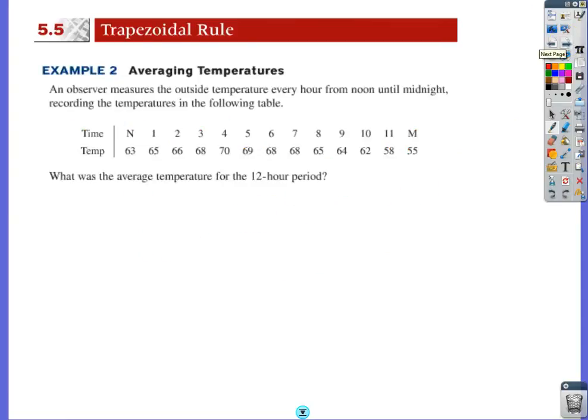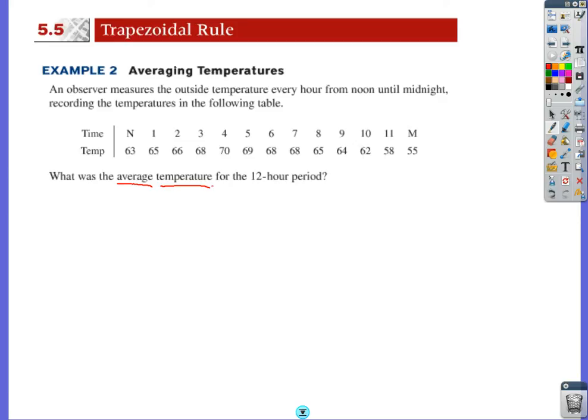Okay, it says here, what's the average temperature for the 12-hour period? An observer measures the outside temperature every hour, from noon to midnight, recording these temperatures as follows. What's the average temperature? So again, you have to be thinking about what you're being asked to find.